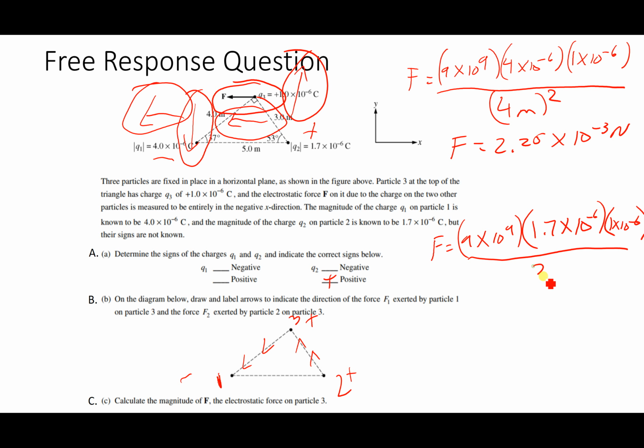The distance there is 3. And that force comes out to be 1.7 times 10 to the minus 3.